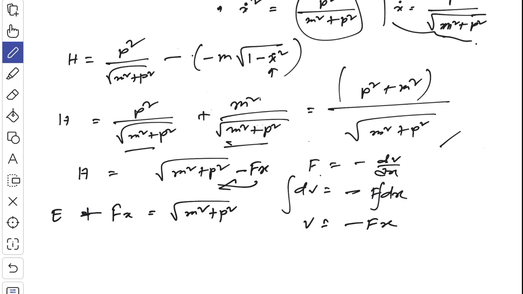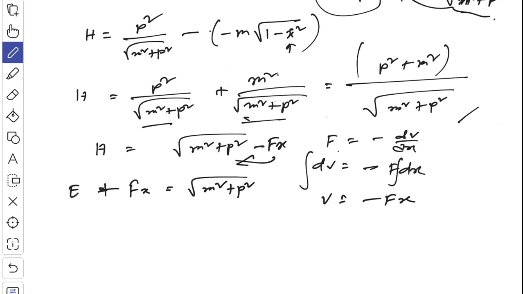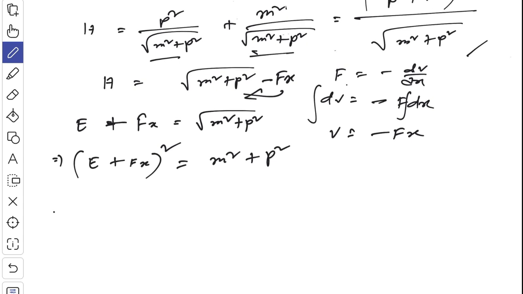Now what we are going to do is square both sides. If you square both sides, E plus F into x, sorry, not F of x, F into x here. So the whole square, that's going to be m square plus p square. So this implies E plus Fx whole square minus, let us bring the p square term on this side, p square, so here you will get m square.